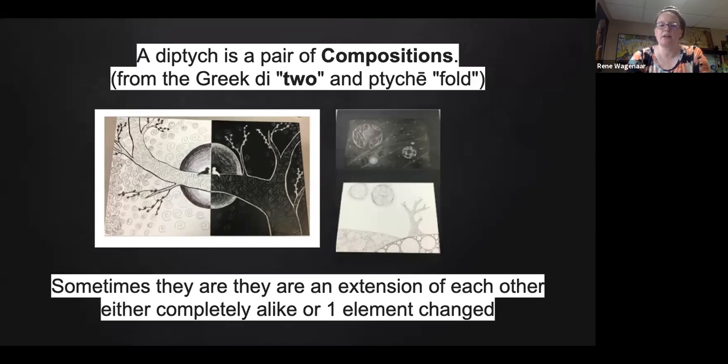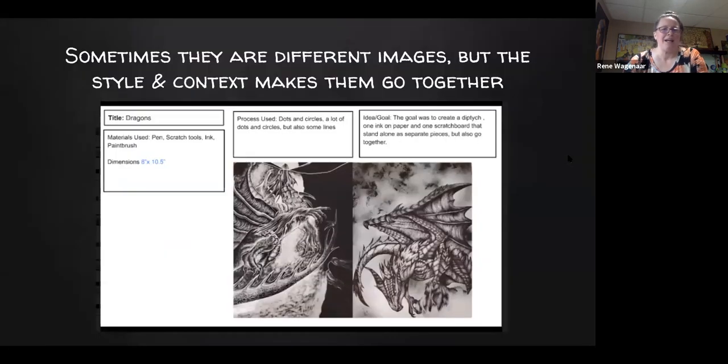So they work together and they can work separately. These are some of my students' examples. Sometimes they are extensions of each other, or sometimes they're the same imagery, but something's changed. Sometimes they tell a story. Sometimes they're different images, but the style and context make them go together.